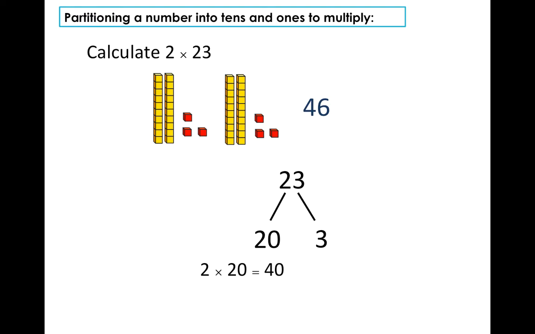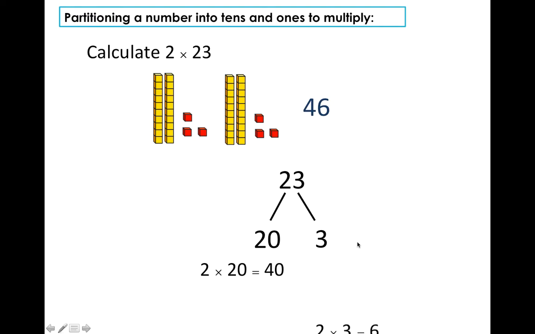Now remember from last week, we've got to use the fact we know to help us with that. So we know that 2 times 2 is 4, and we know that 20 is 10 times bigger than 2. So we are going to multiply our answer by 10. So 2 times 2 is 4, so 2 times 20 is 40.